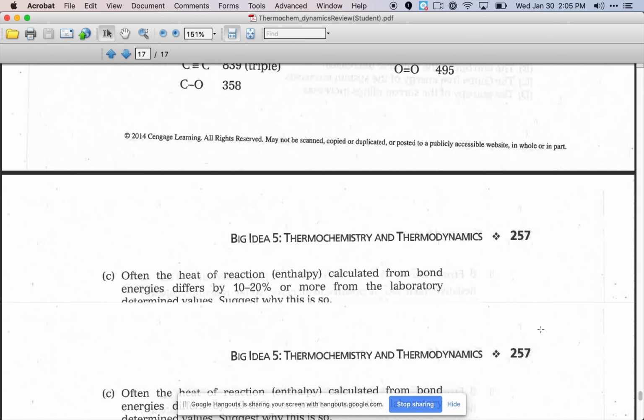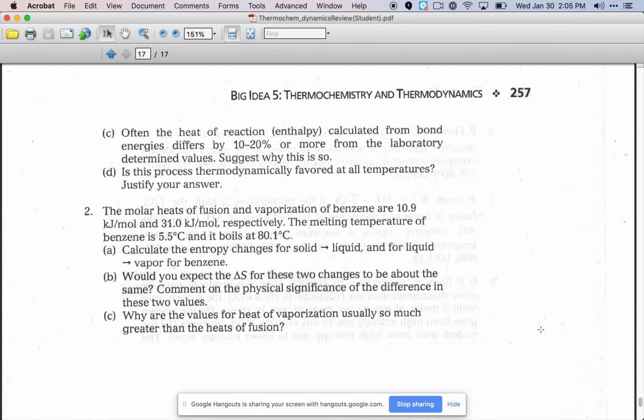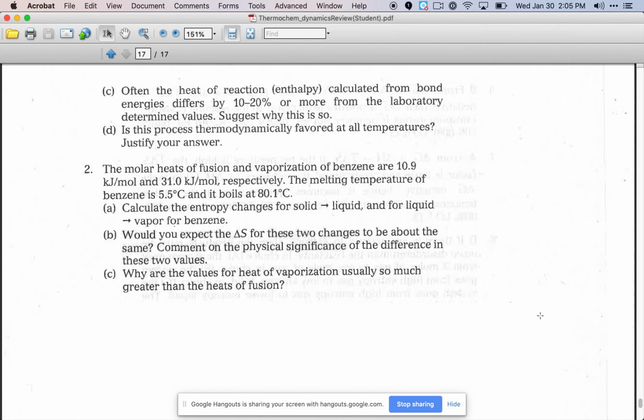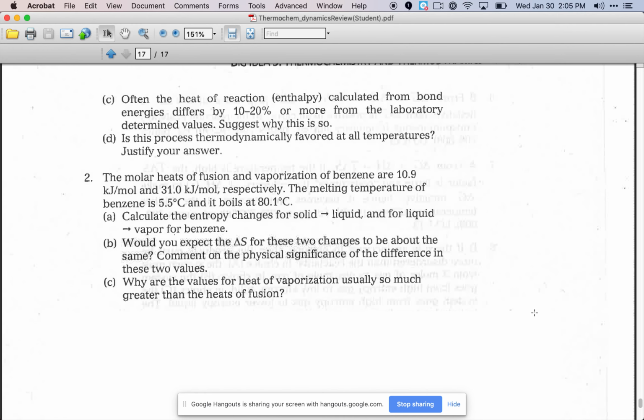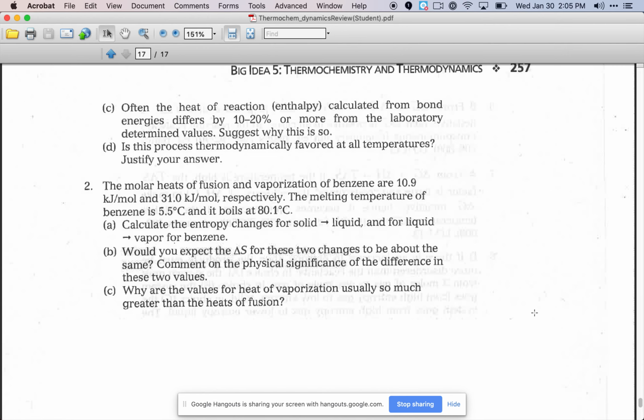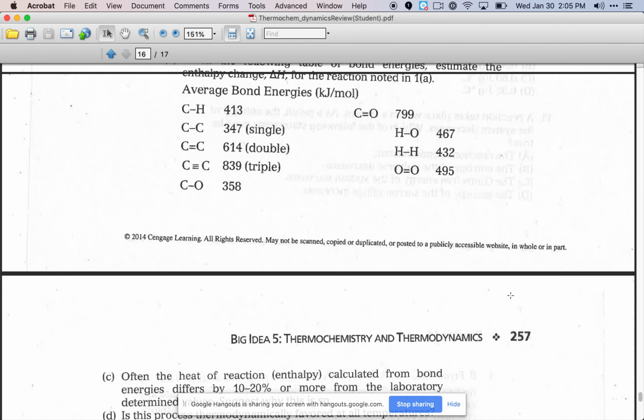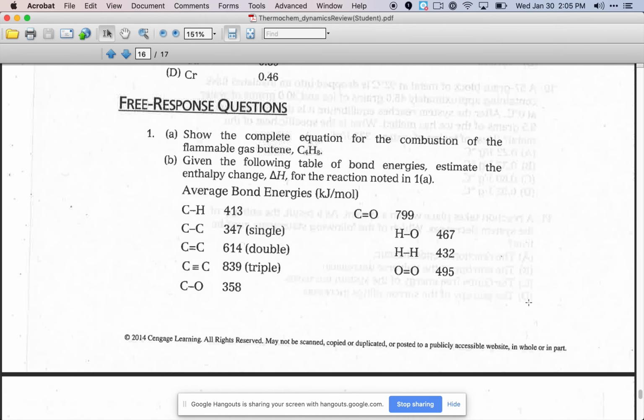Yeah, it's a lot of concept questions. I'm not saying there won't be mental math. There will be mental math, but there are a lot of concept questions here. I'll tell you right now, this is an older review, so they talk about heat of fusion and vaporization. I haven't seen a whole lot of that, but I've definitely seen bond energies.